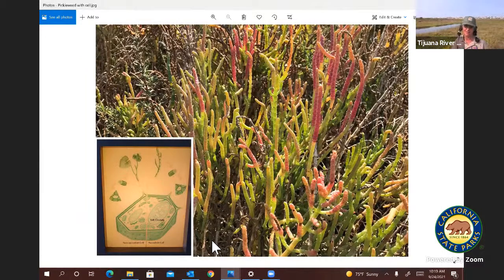Now, this is a fun plant to say. Maybe you've seen this before. Maybe some of you live near a salt marsh and are really familiar with all of this. This is a plant we call pickleweed, and it is one of the more common, easily grown plants in the salt marsh. And you can see that it's not very tall.